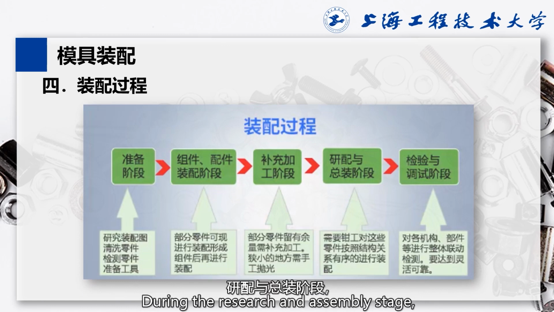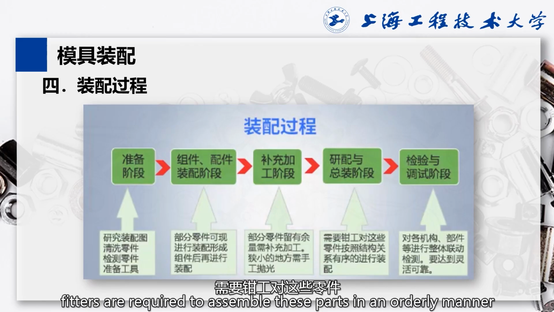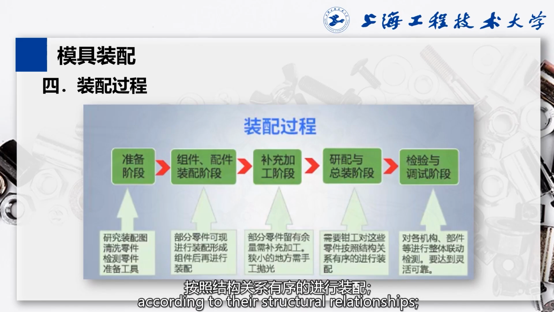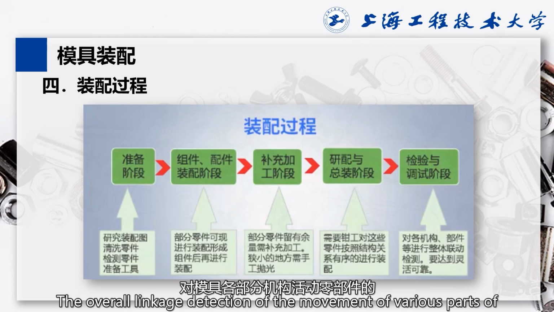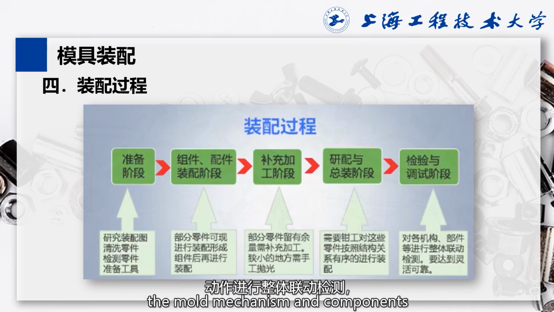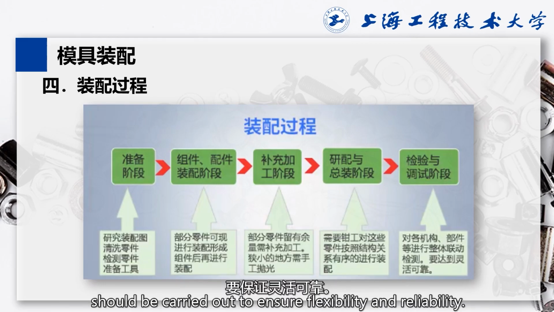During the assembly stage, fitters are required to assemble these parts in an orderly manner according to the structural relationships. Inspection and debugging phase: the overall linkage detection of the movement of various parts of the mold mechanism and components should be carried out to ensure flexibility and reliability.